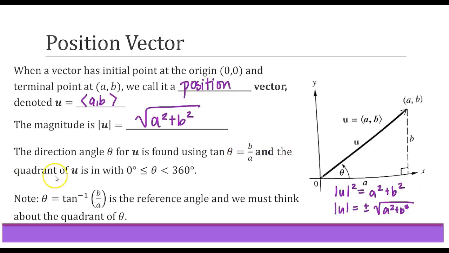I have to use my knowledge of what quadrant u is in, so that I can make theta between 0 and 360 degrees, depending on what quadrant my position vector is located. Note, theta equals tan inverse of b over a is simply the reference angle, and we still must think about the quadrant of theta to find our actual direction angle.